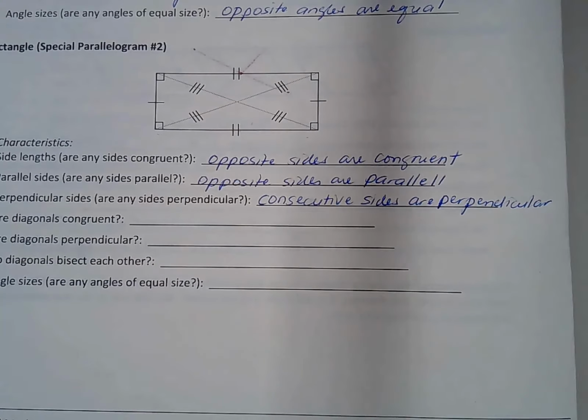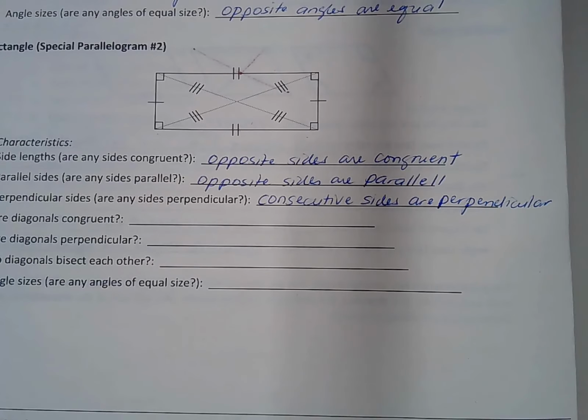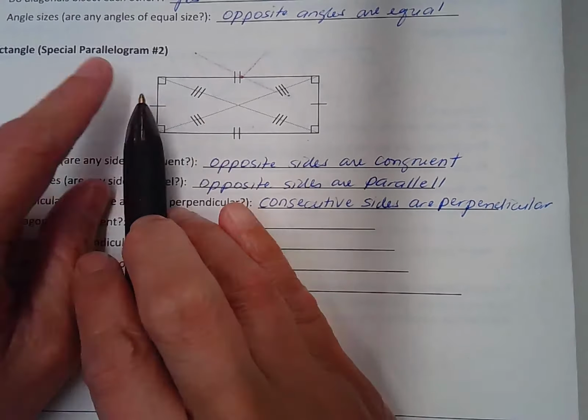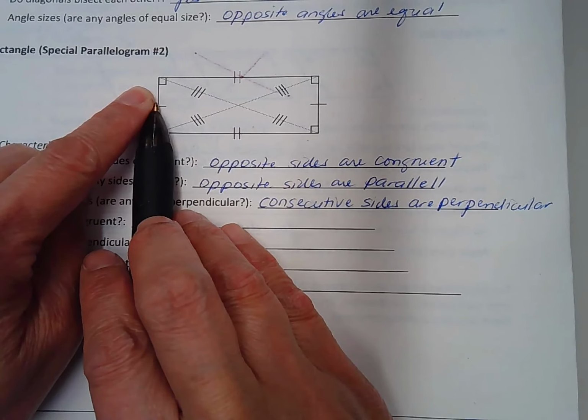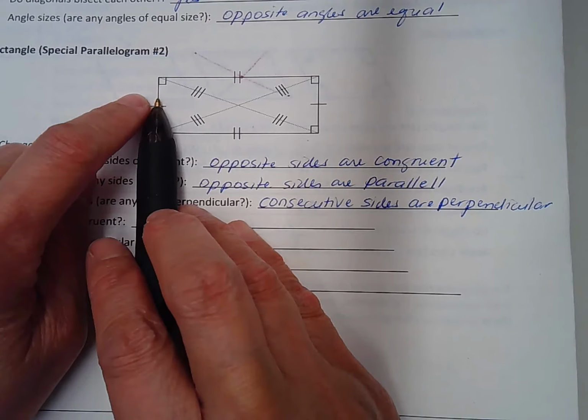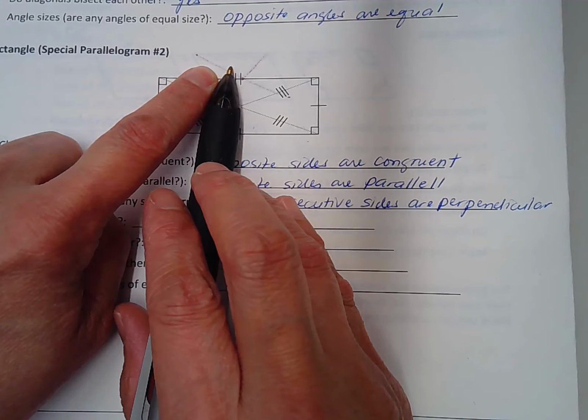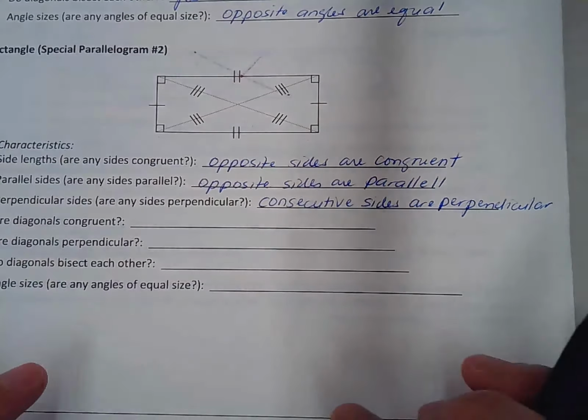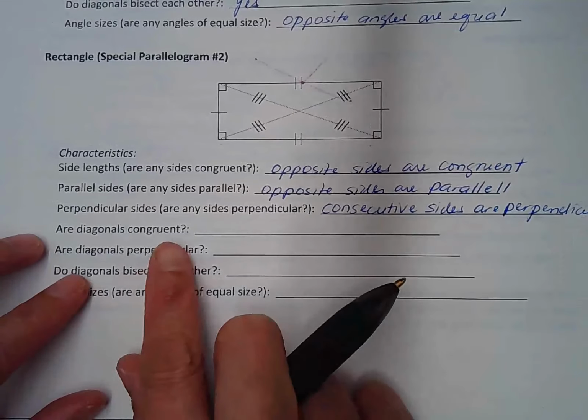Consecutive means one side after the other. One and then the next. So if this is the side, then the next side is perpendicular, and then this next consecutive side is perpendicular, and so on.